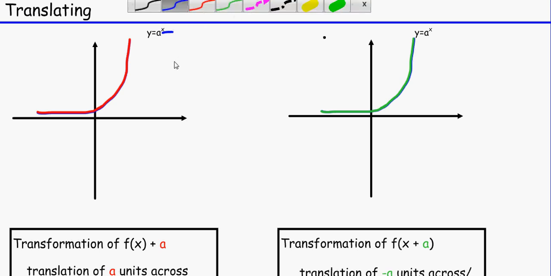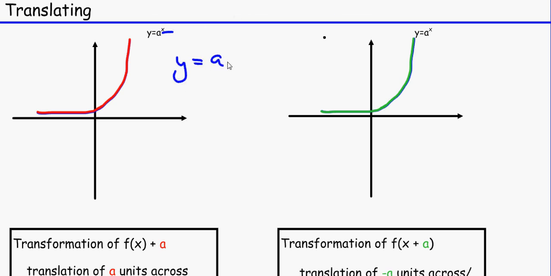So if you were to write it as y equals a to the power of x plus 3, this is basically telling us that it's in brackets. Okay, so we move it 3 units that way. I know it's a bit confusing. I should have done it on that graph. Never mind.